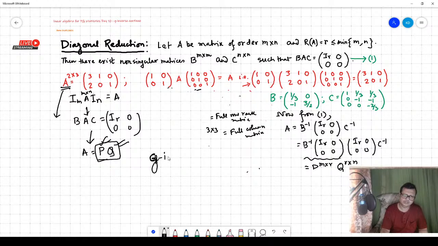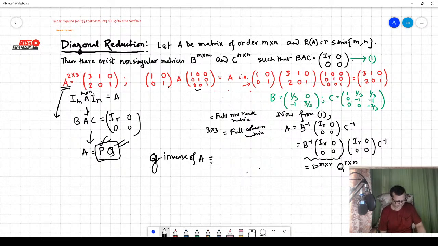G inverse of a matrix A is, since here P is a full column rank matrix, this should be QR inverse PL inverse.